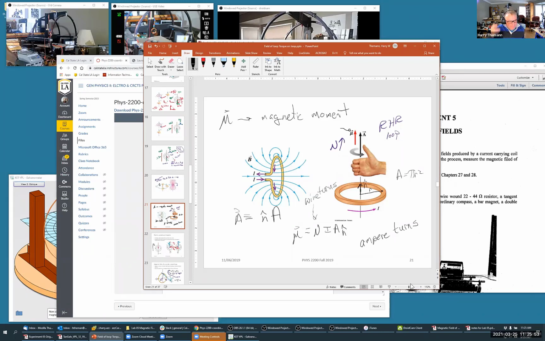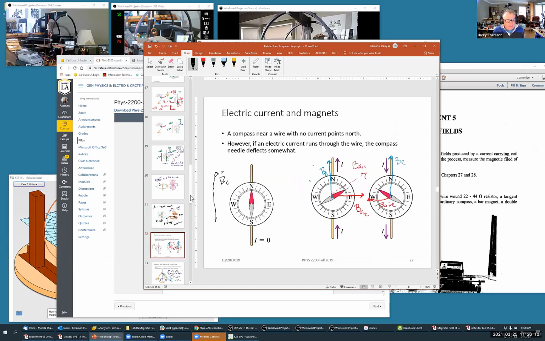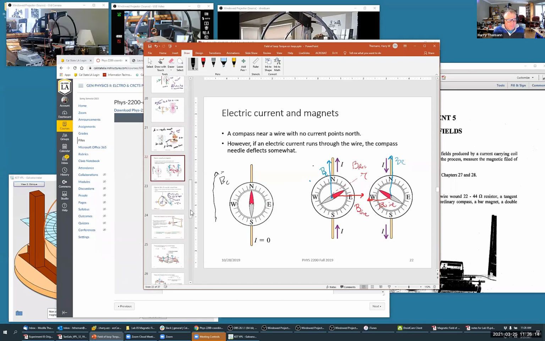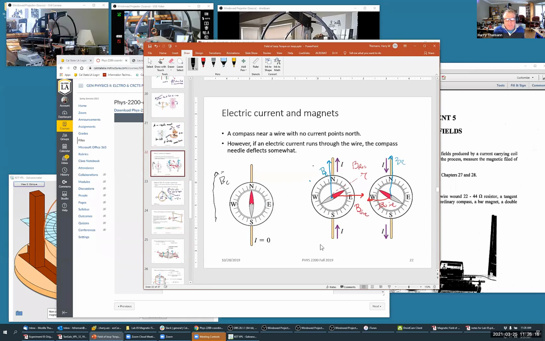You define the A vector for a loop of wire with no current in it. But when a loop has a current, then mu and A are uniquely determined. And if that sounds confusing, hopefully we can get to it in some review session.